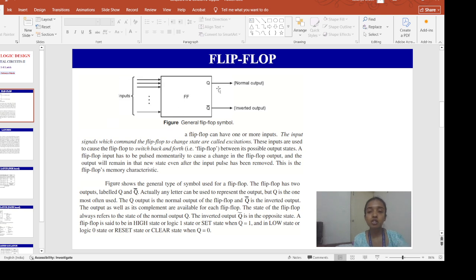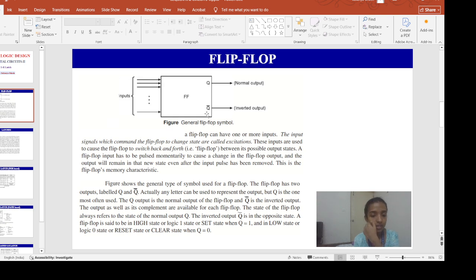A flip-flop also has two outputs, Q and Q bar. Actually any letter you can use, but Q is the most often used symbol to represent the output. So the Q output is the normal output of the flip-flop, and Q bar is the inverted output.